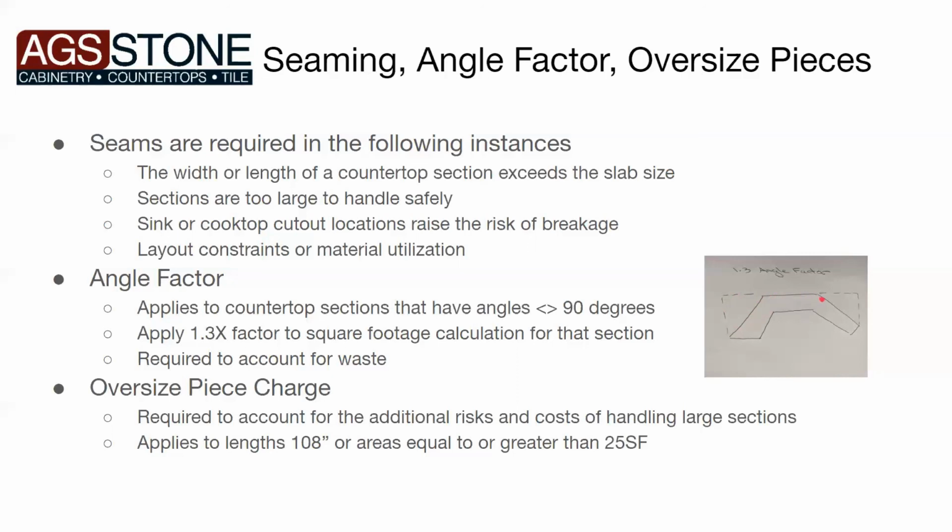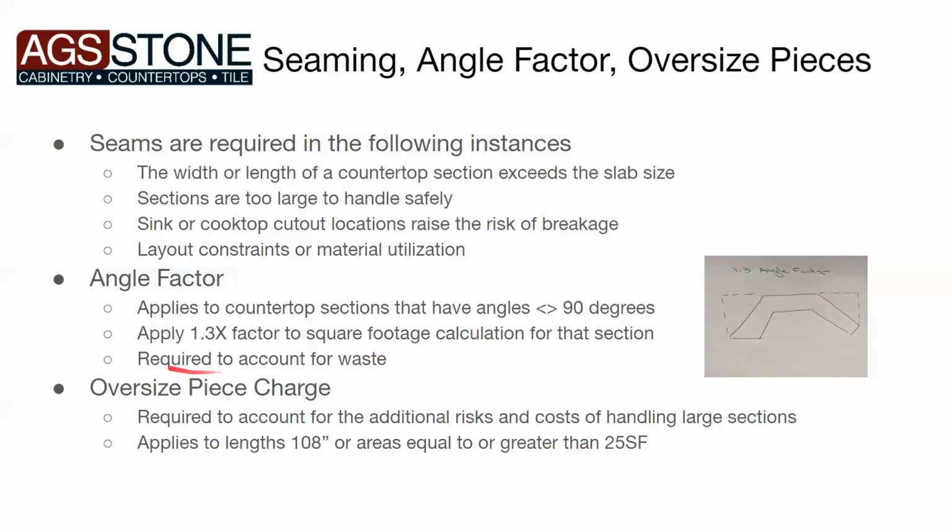And we have that same issue over here. The angle factor allows us to account for this because our pricing is based on a certain utilization of material. When we're doing these bat wings, from past experience we know we're going to use more material to make that look right, and so that's why we apply that angle factor. It's not on every section, only on those sections where we have angles that are not 90 degrees. And that's what you see here.